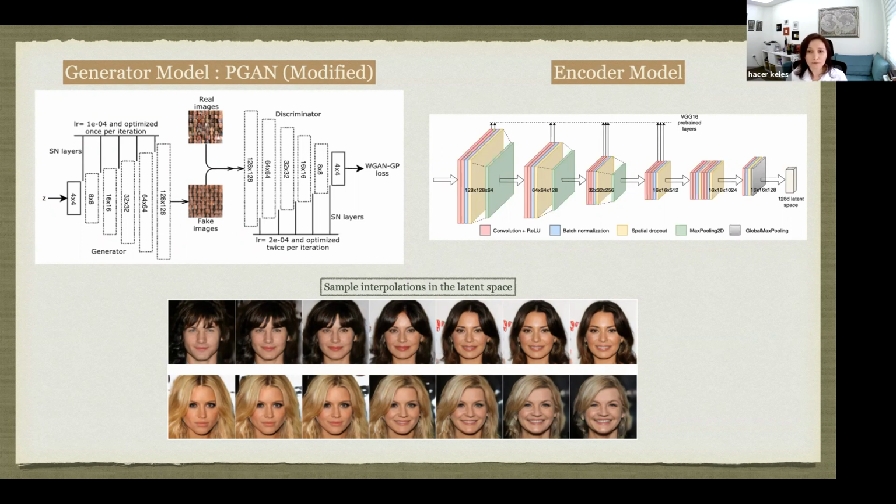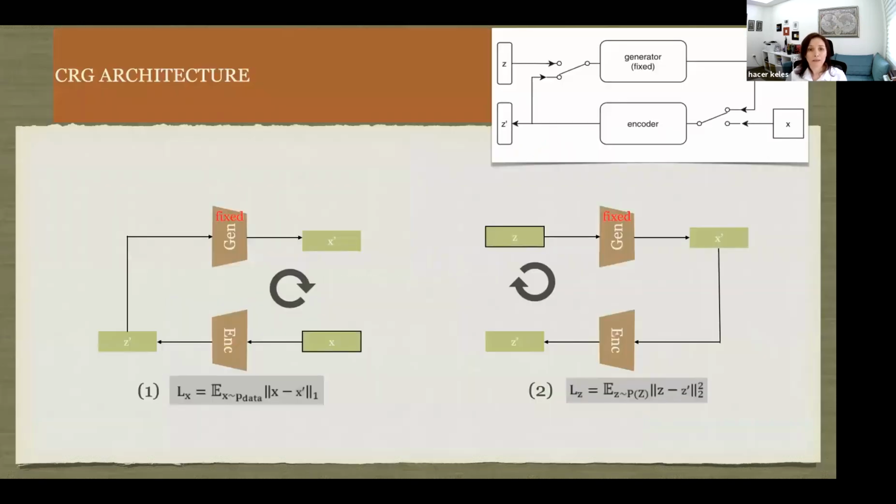As a result of our efforts for training a high fidelity GAN generator, we could generate good quality images and obtain a smooth and continuous learned space, as shown with the interpolations between randomly sampled images in our generator latent space. So after training the generator, we designed the CRG architecture for training our encoder.